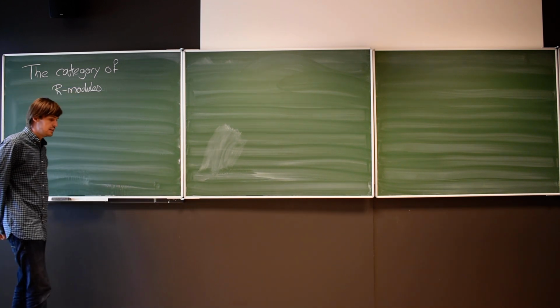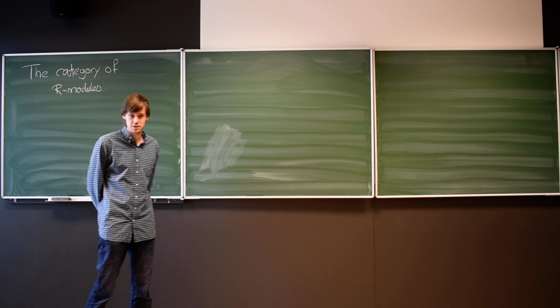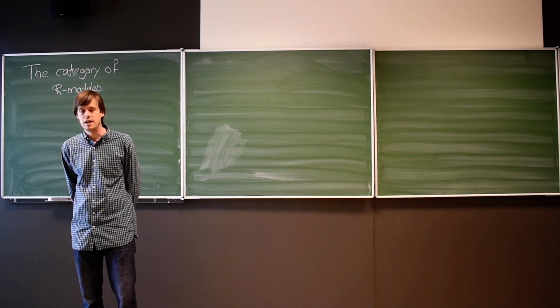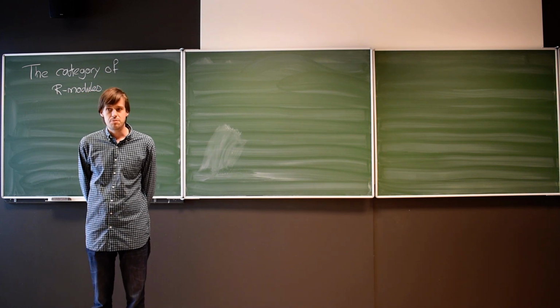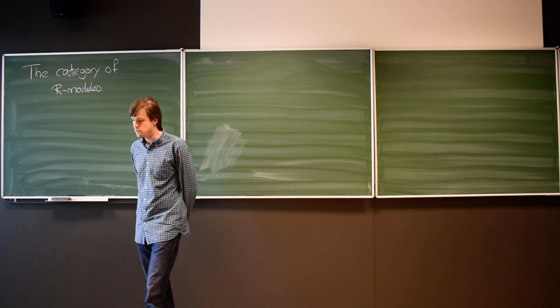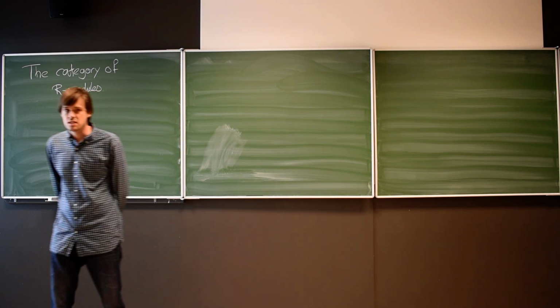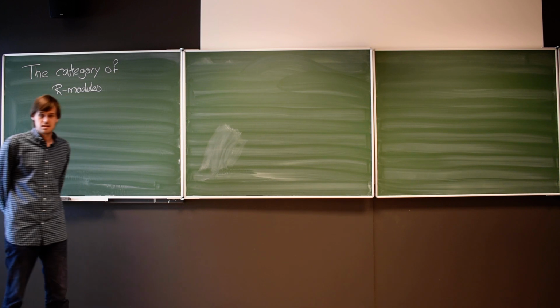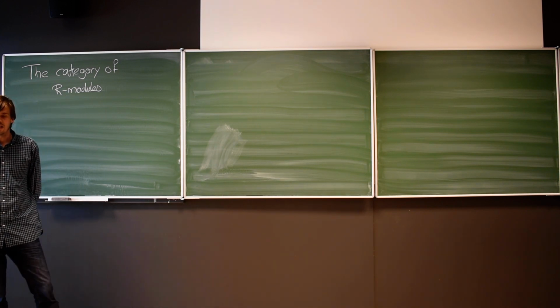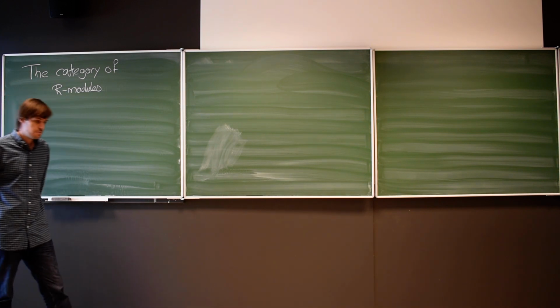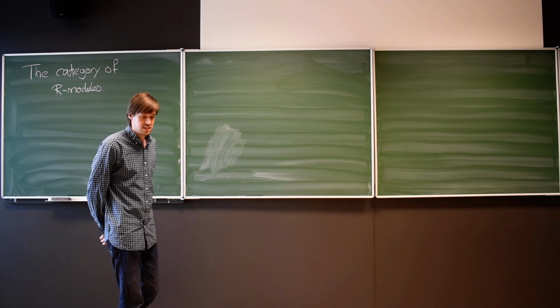Maybe you have seen, when you follow the course on group theory, that for groups it is very important and very useful to look at G-sets. Even if you're only interested in properties about groups, it is very useful to make groups act on sets.